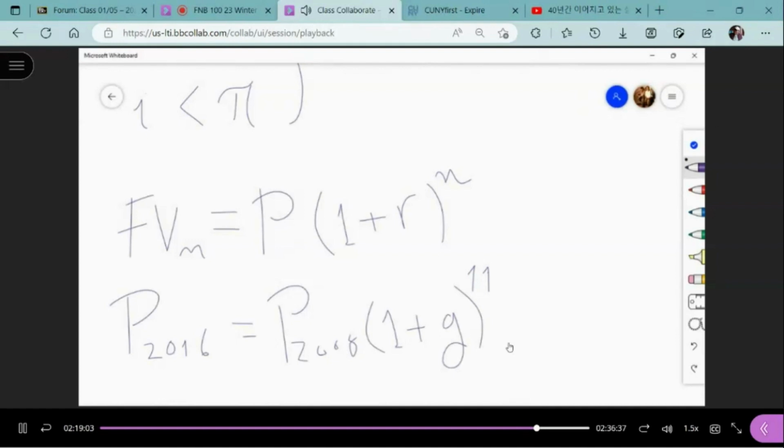Of course, actual annual growth rates were all uneven. But if we find the average of all those uneven growth rates, P2005 times 1 plus G1 times 1 plus G2 times 1 plus G3, all the way to 1 plus G11, all simply become just a number without any time subscript, because it's the average, G. And because there are 11 terms multiplied, it just becomes 1 plus g raised to 11. That's basically what compounding is.